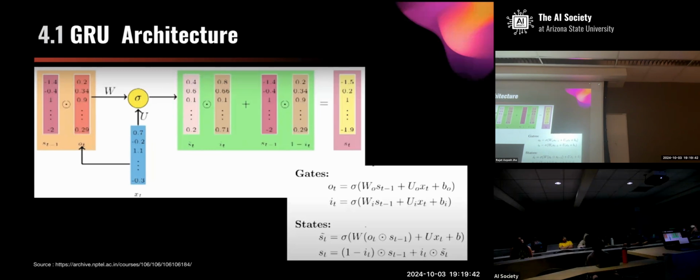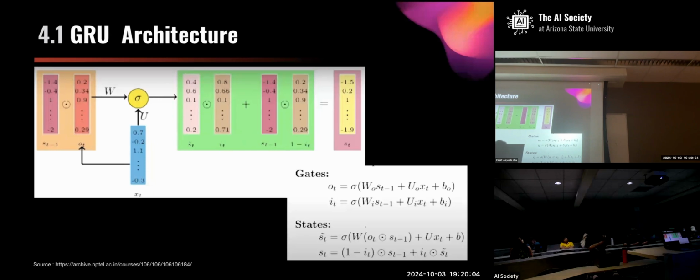Then you have the current time step x t value, and you multiply it and pass it through a sigmoid function, and you get s tilde t. Then, what part of this do you want to pass on to the next layer? You multiply it with the input gate, and then you add it to the previous state information.